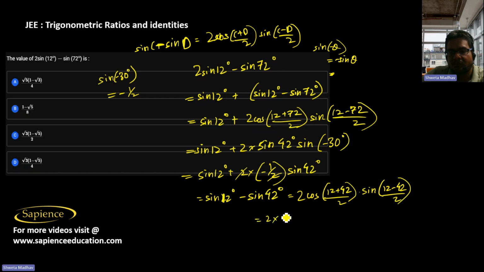Sorry, I wrote it wrongly earlier. Sine c minus sine d is 2 cos of c plus d by 2, so this is cos 54 by 2, which is cos 27 degree into sine of minus 30 by 2.